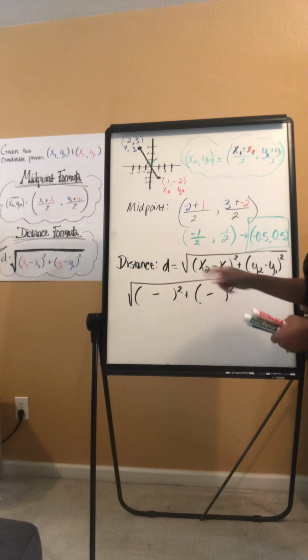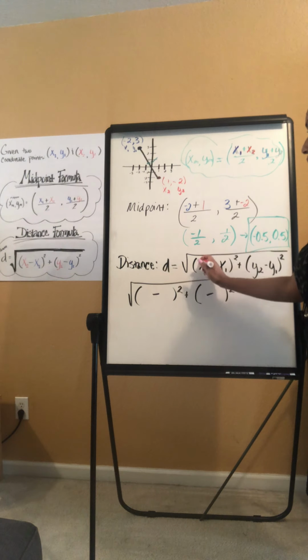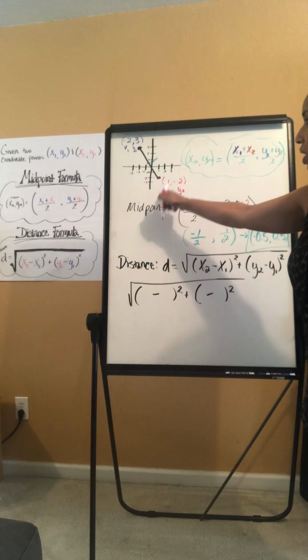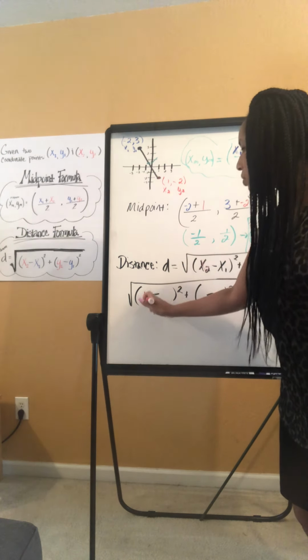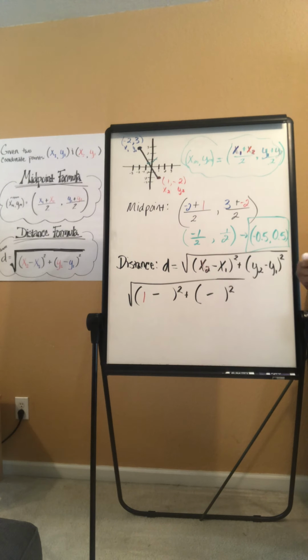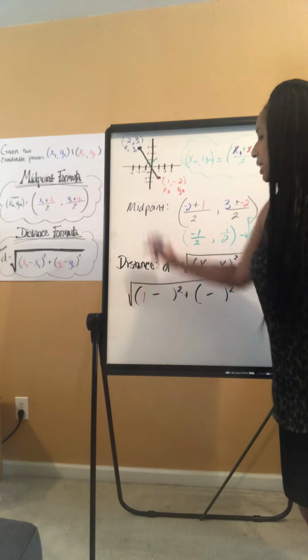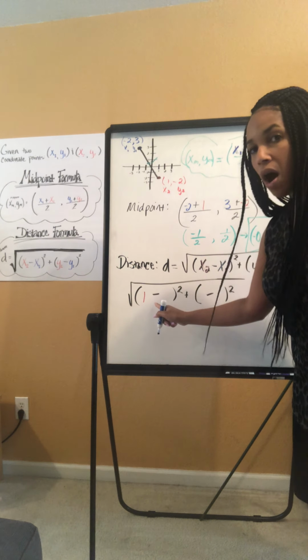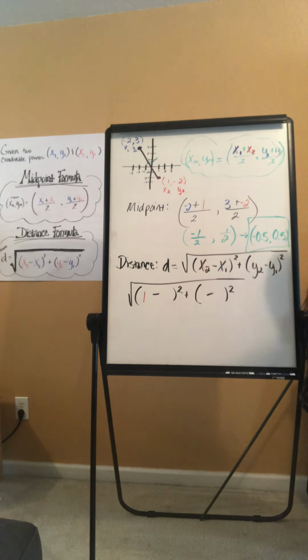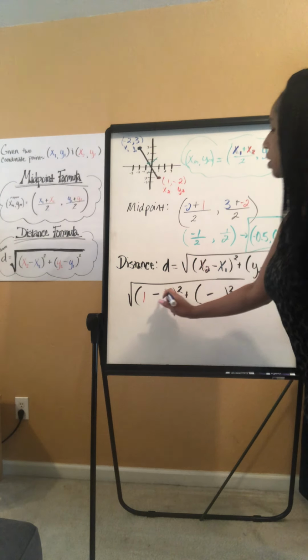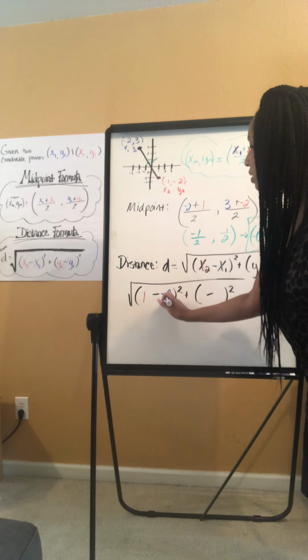I will fill it in with my x2, so the x coordinate from the second point, which was 1, then the x1, so the x coordinate from the first point, which was negative 2. I know that I already have that minus there. That does not mean that I don't still include that negative 2.